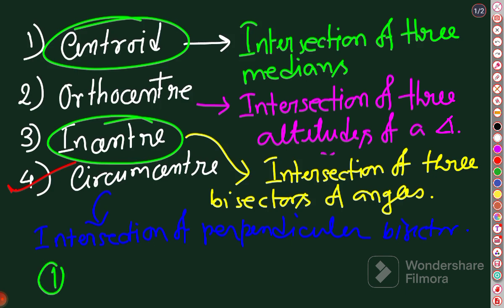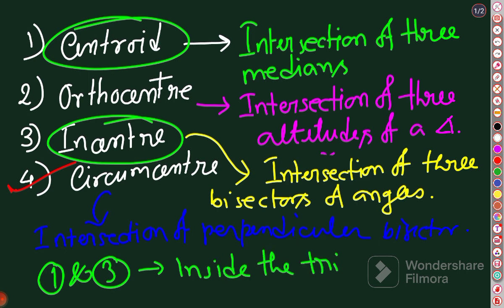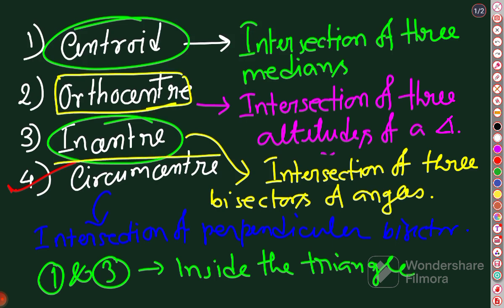Points number 1 and 3 are always inside the triangle. And points number 2 and 4 may be inside the triangle or maybe outside the triangle.